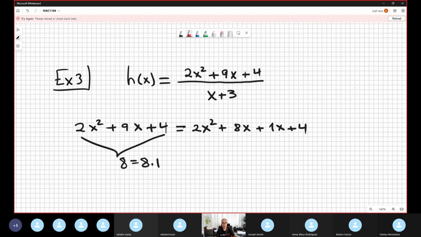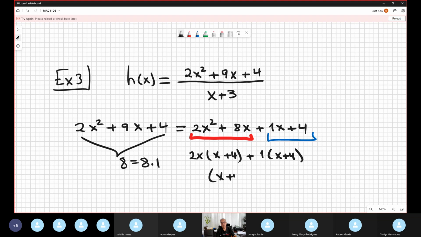Now grouping this couple and this couple. The greatest common factor in the first couple is 2x, giving 2x times x plus 4. The greatest common factor in the second is 1. Therefore, x plus 4 times 2x plus 1. I did the factorization of the top part.